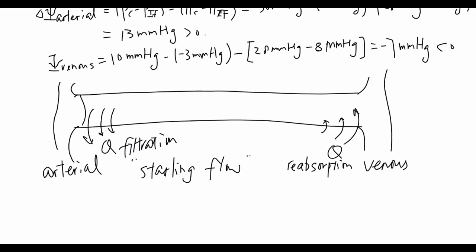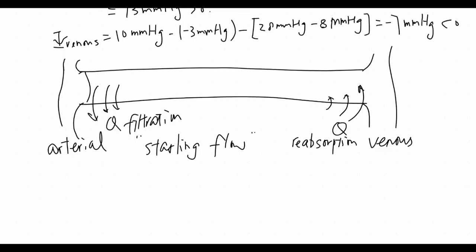So you may wonder that there is outflow at the beginning of the capillary and inflow at the end. So on average, what's the net? Does the capillary on average filter fluid outside to the interstitial space, or on average does it absorb more?